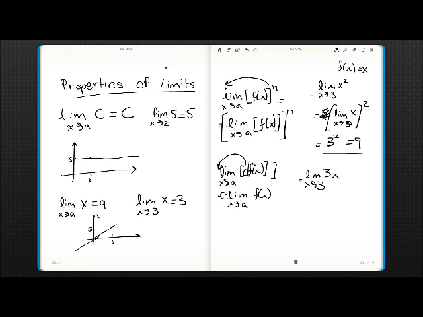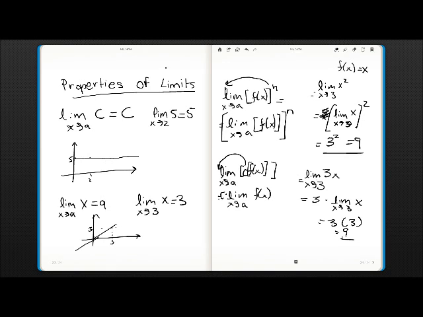What we can do is take out the 3 and put it at the front. When evaluating, the limit as x approaches 3 of x we already know equals 3. So it's 3 times 3, and thus it equals 9.